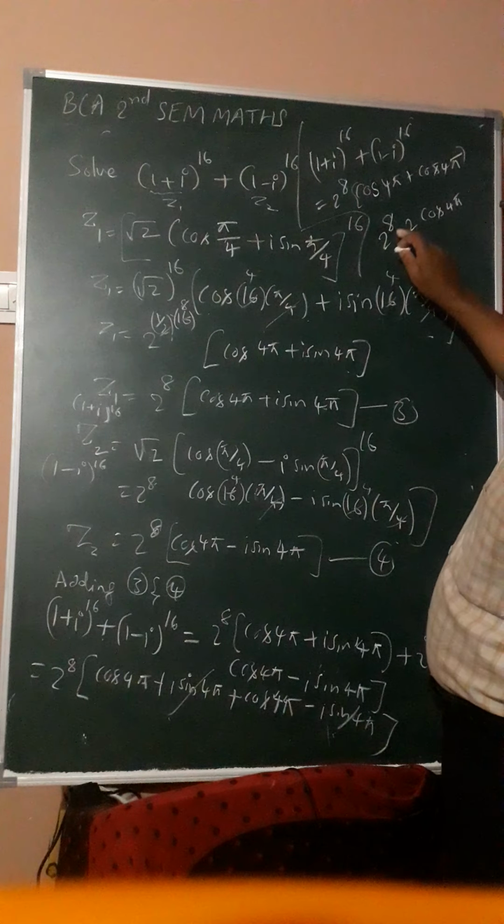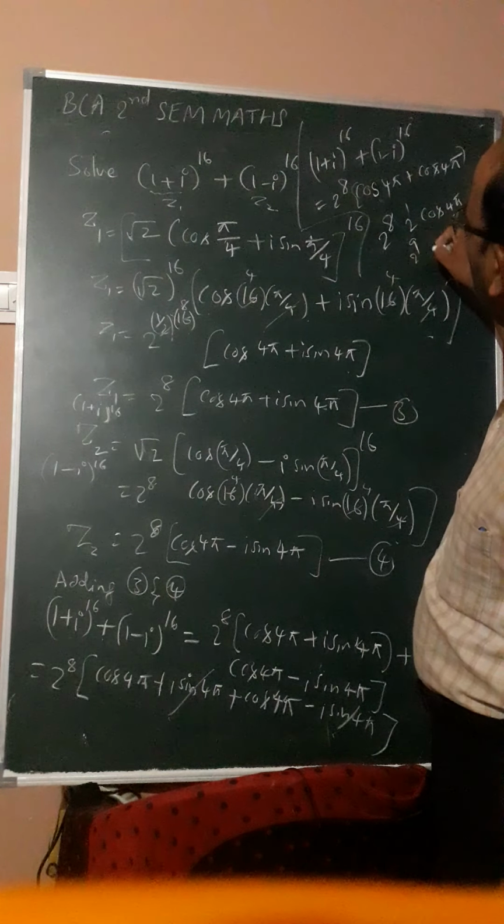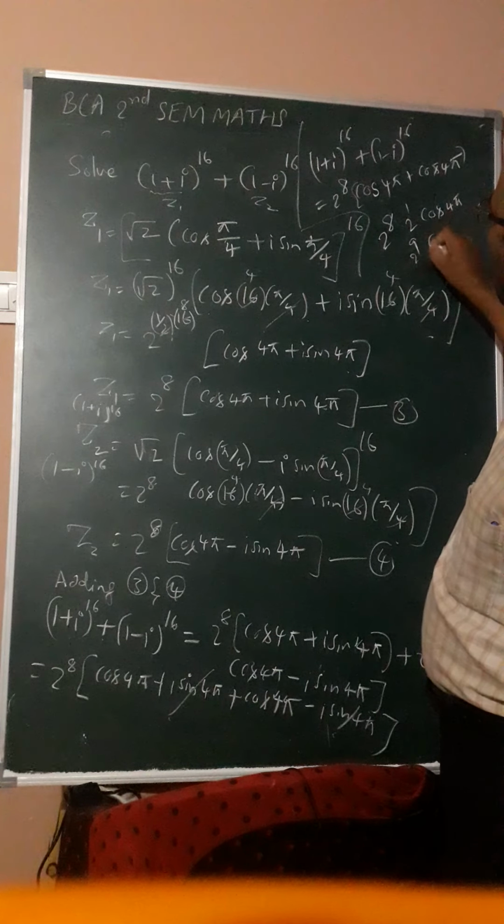So this is 2 to the power of 8 plus 1, that is 2 to the power of 9. Cos 4 pi value is 1. The answer is 2 to the power of 9.